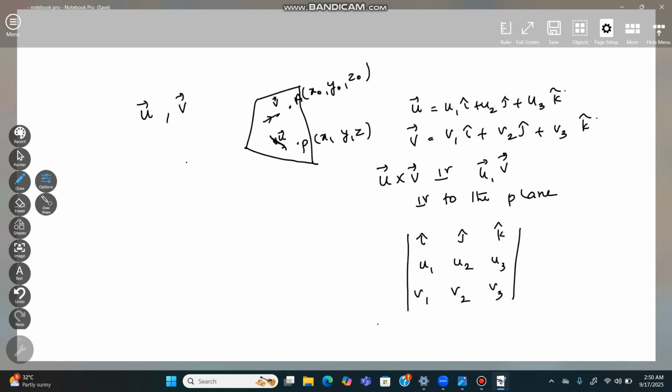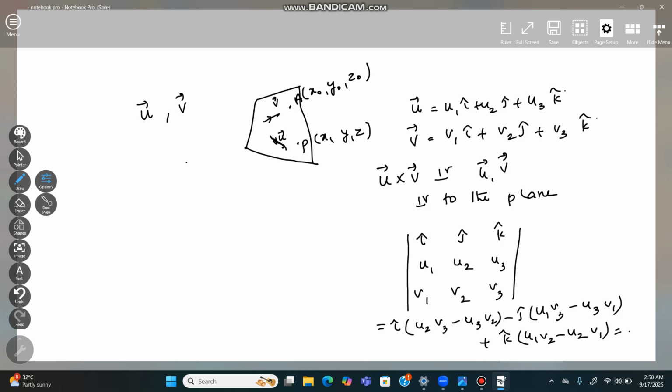This is going to be opened as i times (u2 v3 minus u3 v2) minus j times (u1 v3 minus u3 v1) plus k times (u1 v2 minus u2 v1).